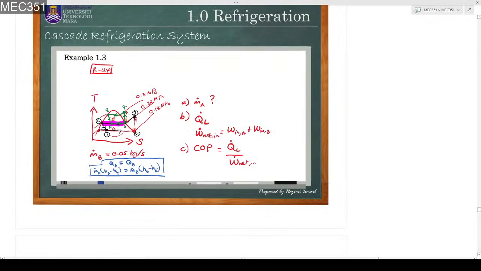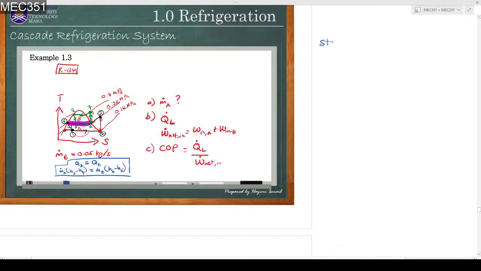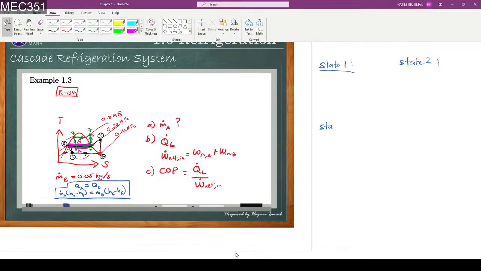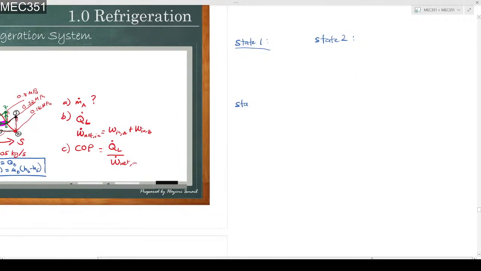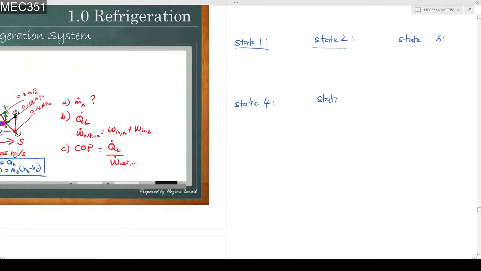Okay, then as usual we have to find state 1, state 2, state 3, state 4, state 5, state 6, state 7, and finally state 8.